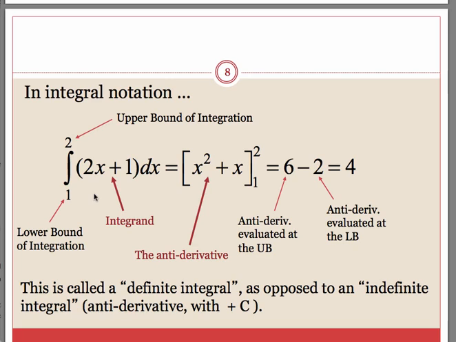This is opposed to what you did earlier with indefinite integrals, also known as antiderivatives. Those were the ones with the plus c. That interpretation is working backwards as we did to find the equation of the original function when you know what the derivative should be.